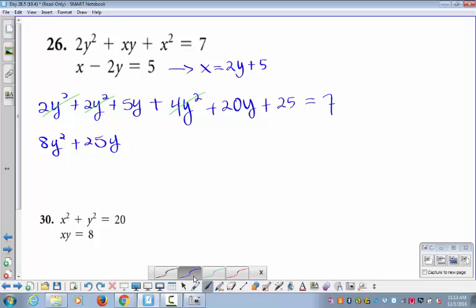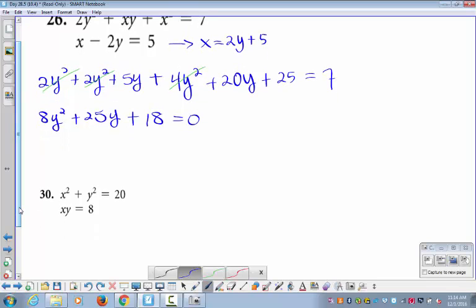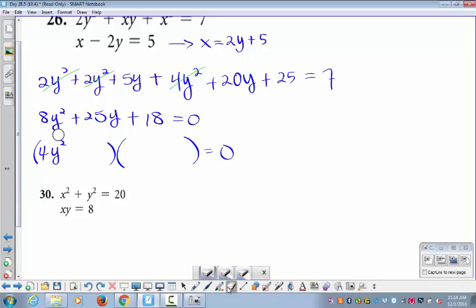I think that gives us 18, equals 0. Nothing factors out, unfortunately. So now we have to try to factor this. Is anyone brave enough to factor it yet? I'm going to guess. I'm guessing 4 and 2 to start. Yes.